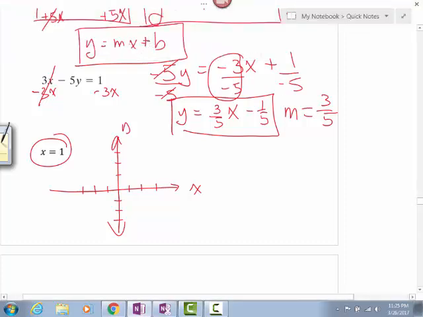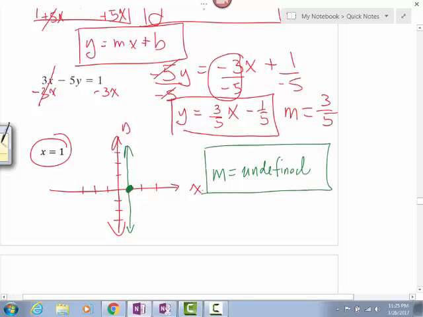Okay, when X equals 1, that would be right here. But remember, I need to draw a line. And if I'm going to draw the line X equals 1, that is a vertical line. And if you remember from a few minutes ago, we said that any vertical line was always going to have a slope that would be undefined.